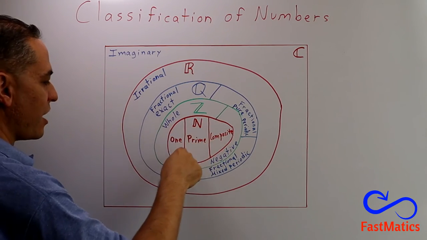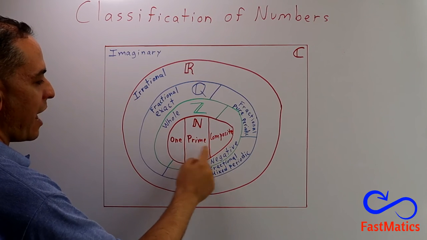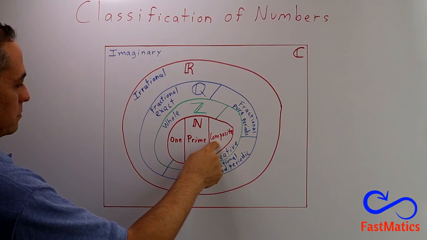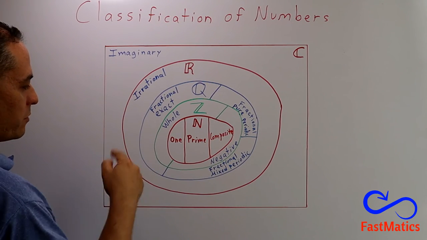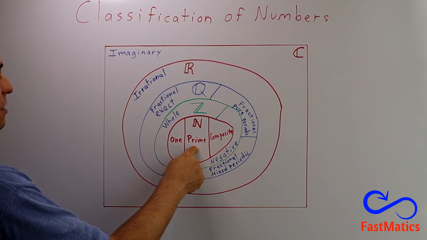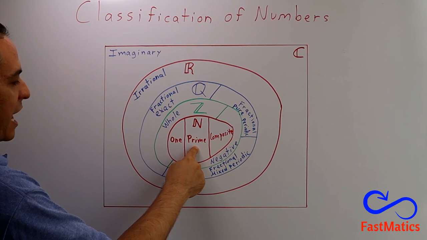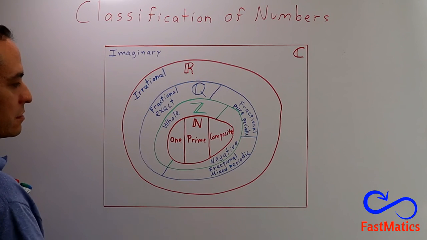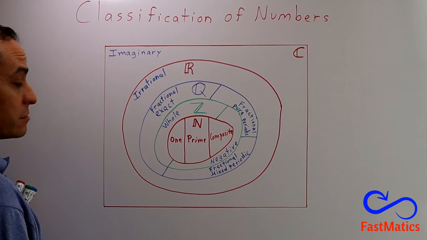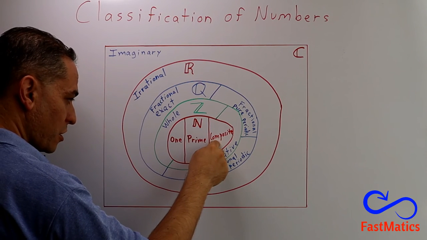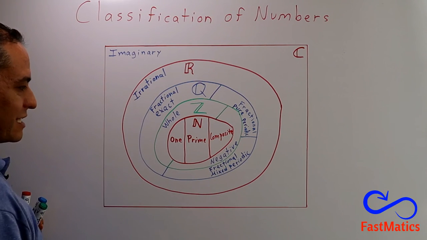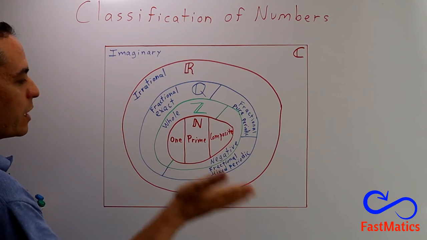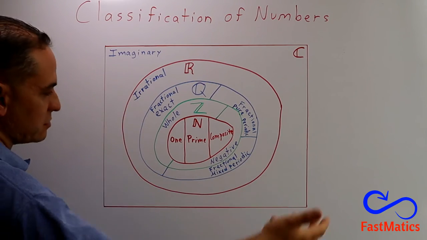And into that set you have the number 1, the prime numbers, and the composite numbers. Remember that the prime numbers are those that can be divided by themselves and by 1, exactly, without some decimals. And composite numbers are those that can be divided by themselves, by 1, and by other integers.